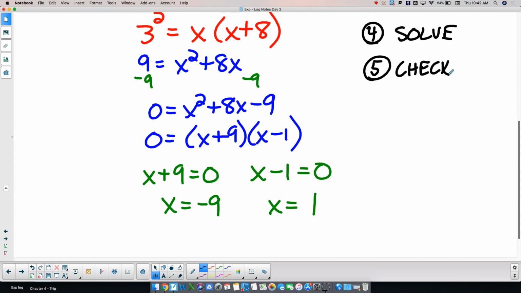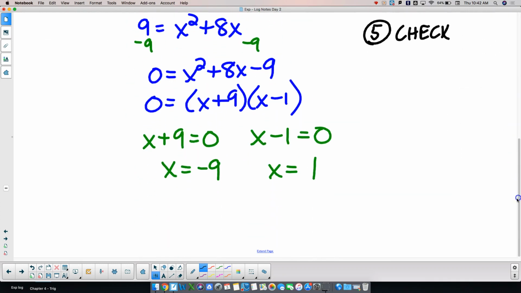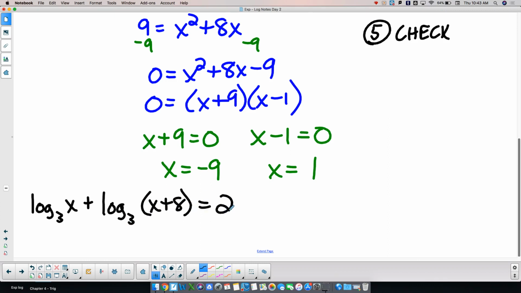Okay? So my original problem had as its first term log base 3 of x. Actually, let me just rewrite it. So it was log base 3 of x plus log base 3 of x plus 8, and that was equal to 2.